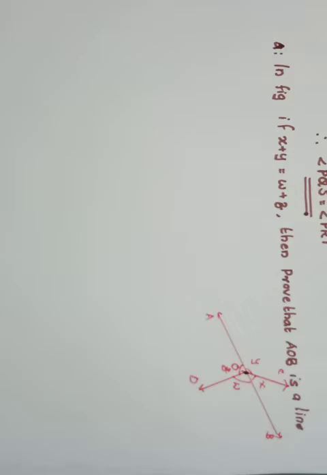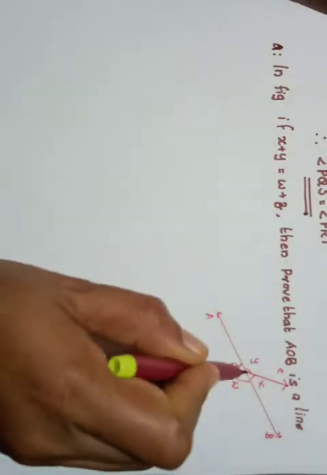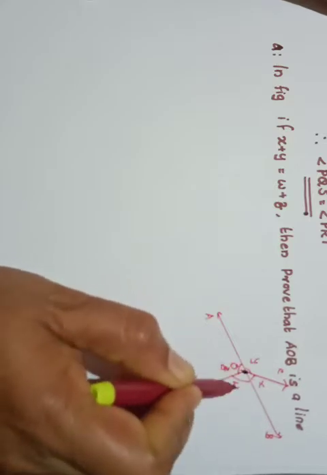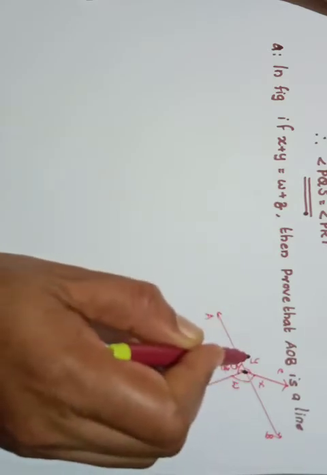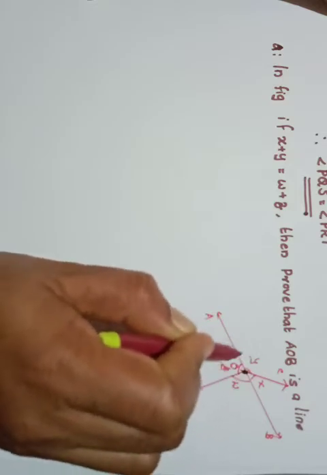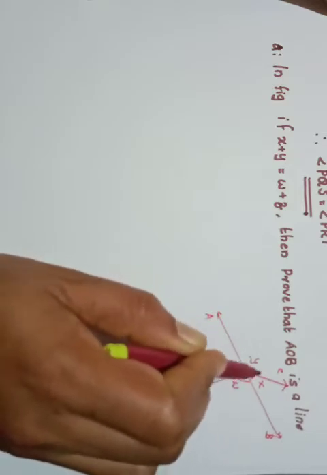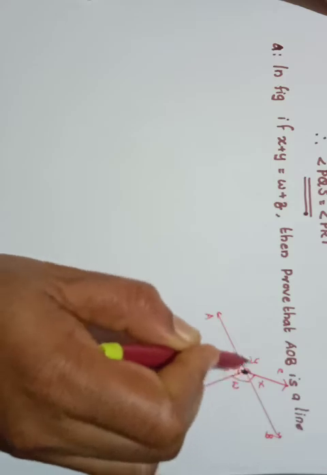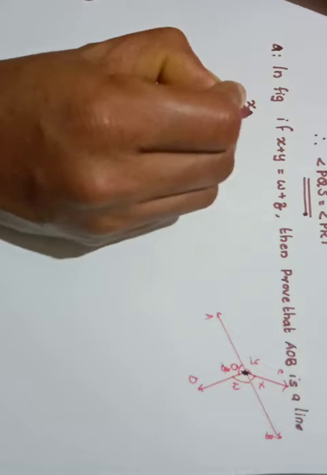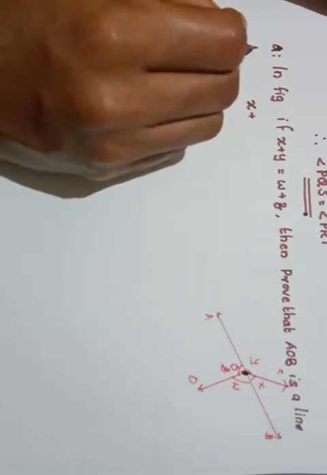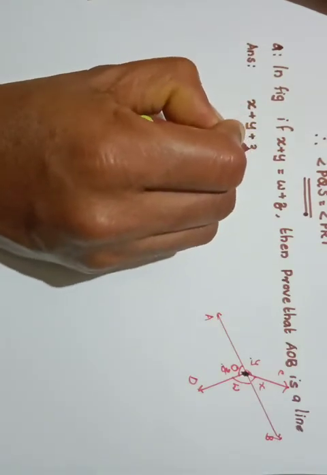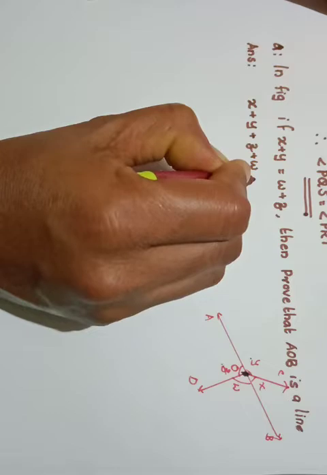Okay, so now listen. Here we have four angles, X, Y, Z and W. Those angles are about the point O. It is around the point O. So what is X plus Y plus Z plus W?